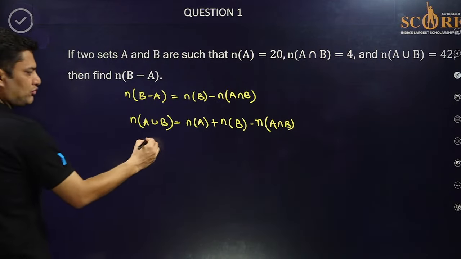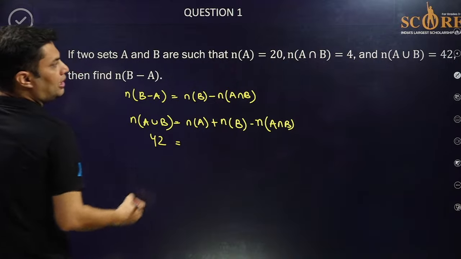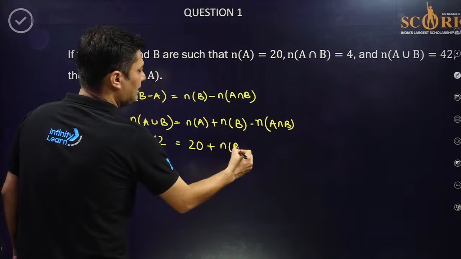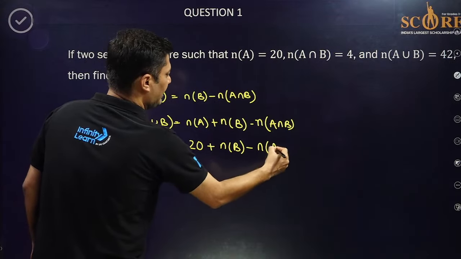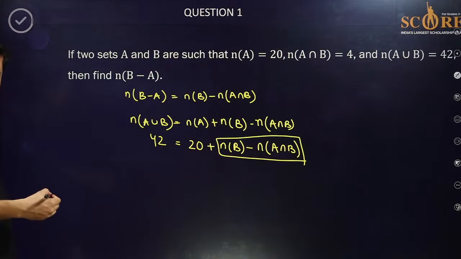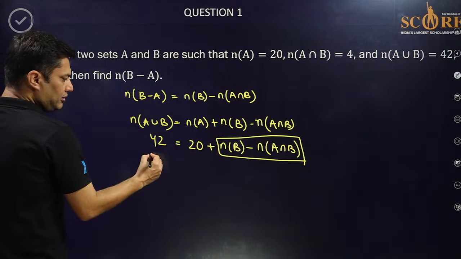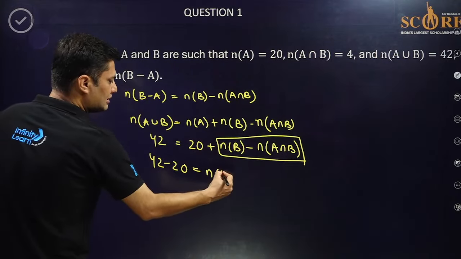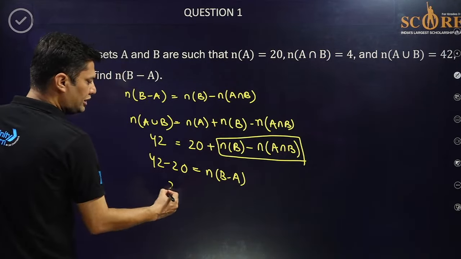So this is 42, n(A) is 20, plus n(B) minus n(A intersection B), which is n(B minus A), you need to find this value. Very clearly, this is 42 minus 20. So the final answer will be obviously 22.